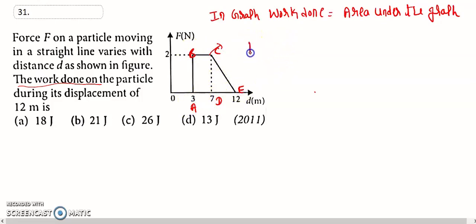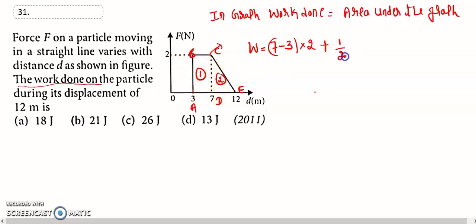So now the work done is equal to the area of this one, which is length into breadth. Length is 7 minus 3, so length into breadth, from here to here, is 2, plus the area of the second one. So what is the area of this one?